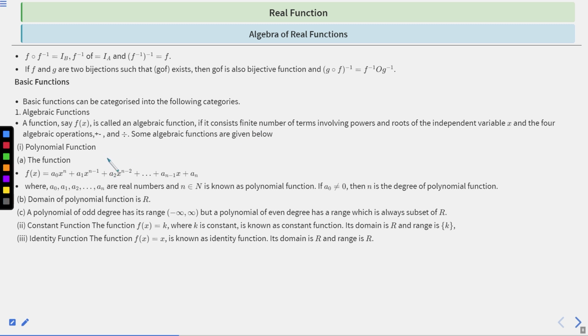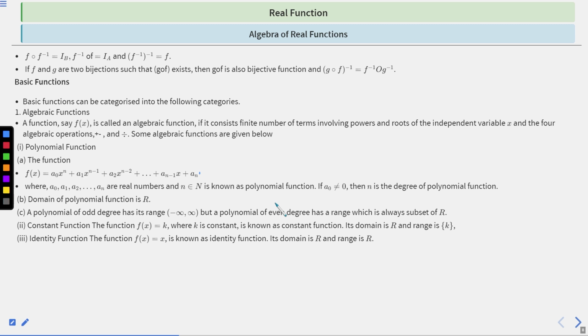First is polynomial functions, right? So let's see polynomial functions. The function f(x) equal to a0 x^n plus a1 x^(n-1) plus a2 x^(n-2) till a(n-1) x plus an, where a0, a1, a2 till an are real numbers and n belongs to capital N, is known as a polynomial function.